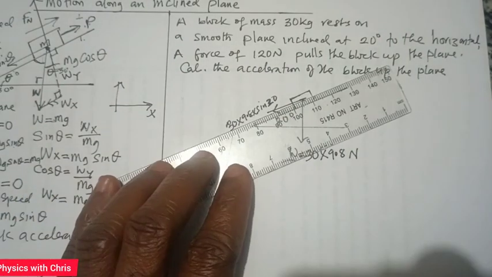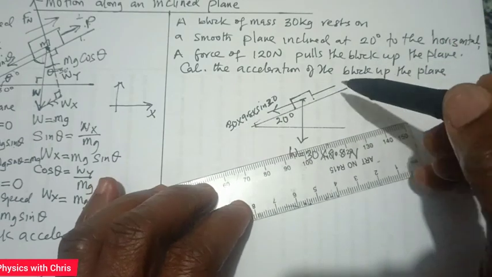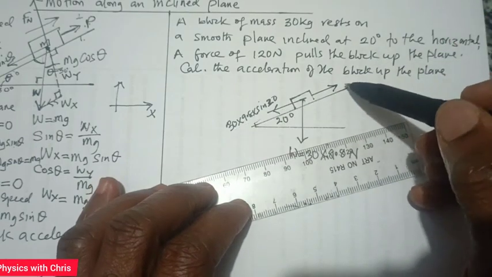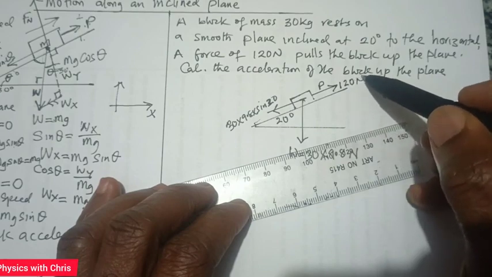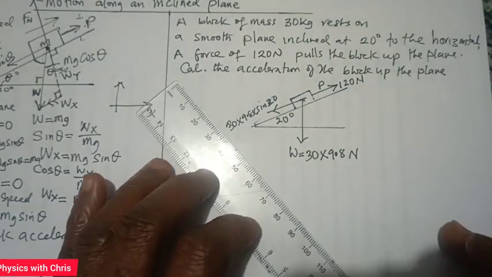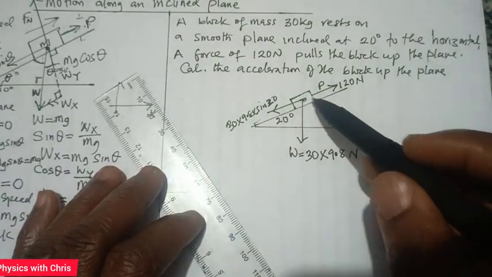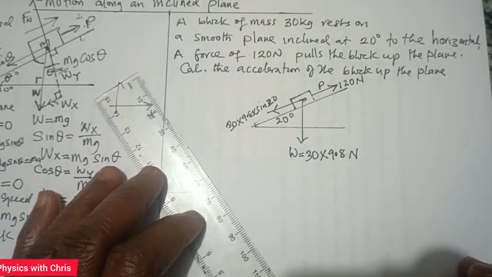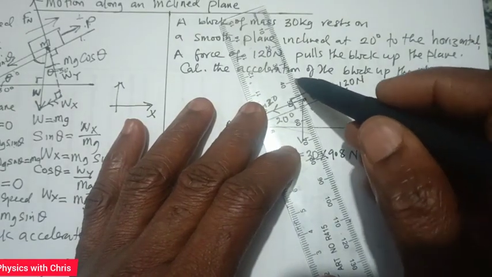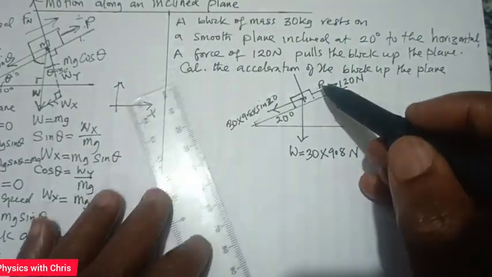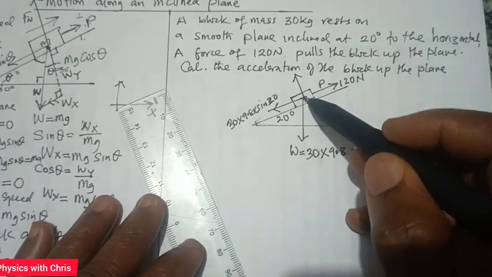And then we have the force P that is also acting parallel to the plane. And we are given that force P as 120 Newton. That's the force that pulls the block. That's the free body diagram of this block of mass, showing the forces acting on the plane. We also have the normal force. The normal force always acts in a direction at right angles to the plane.